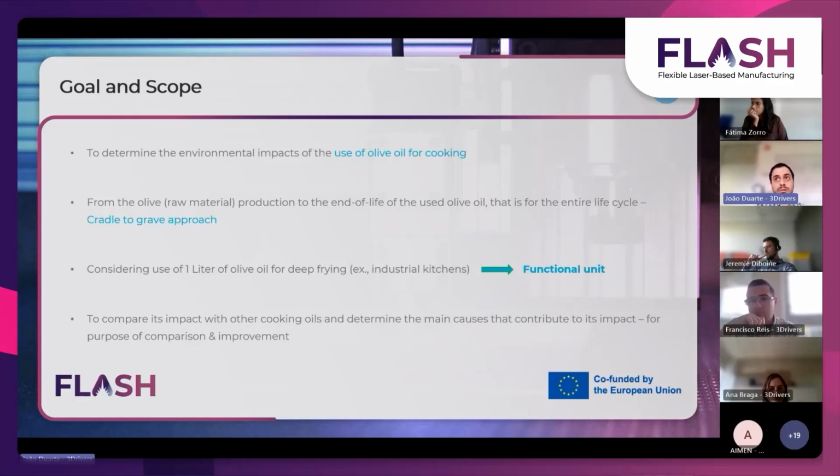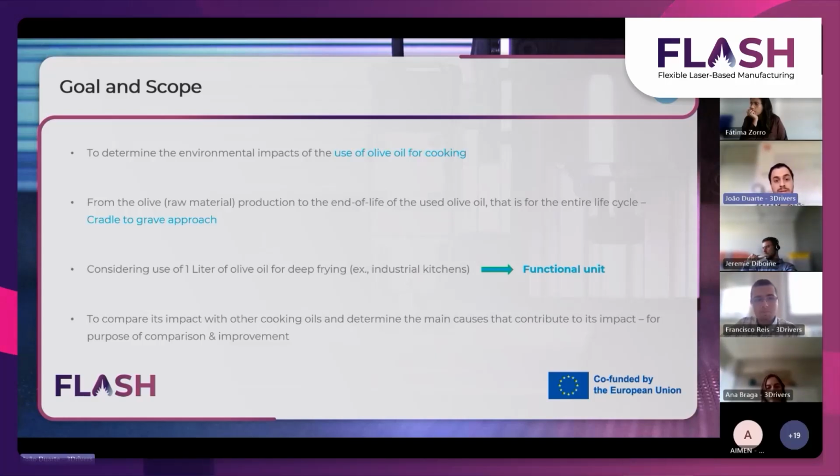If our goal were different, for example, if our goal was only to determine the environmental impacts of the production phase of the life cycle, then we could have opted for a cradle-to-gate approach instead.